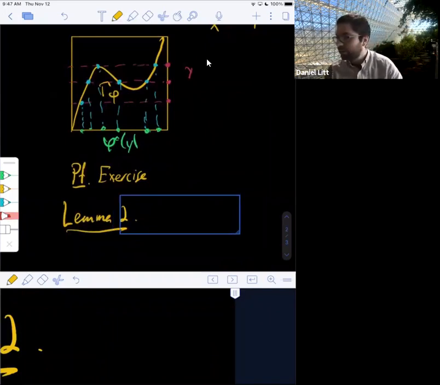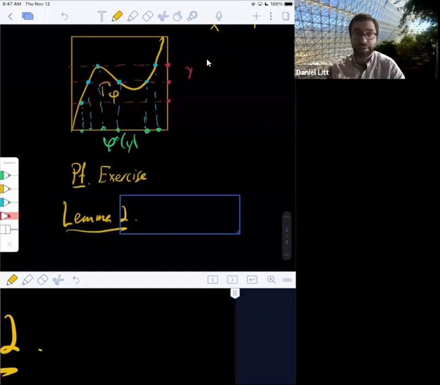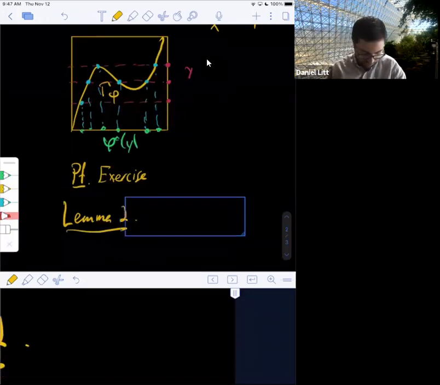So now I wanted to describe how to understand the cycle class of the graph of phi. So we need to write that down more explicitly. And so what was the lemma?